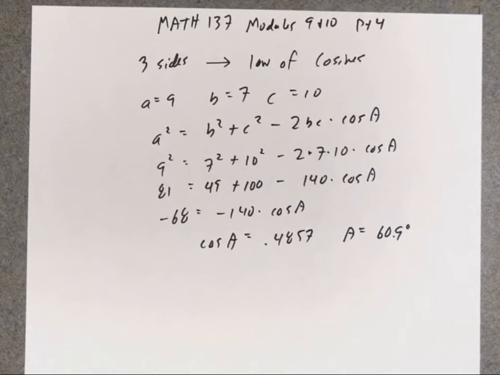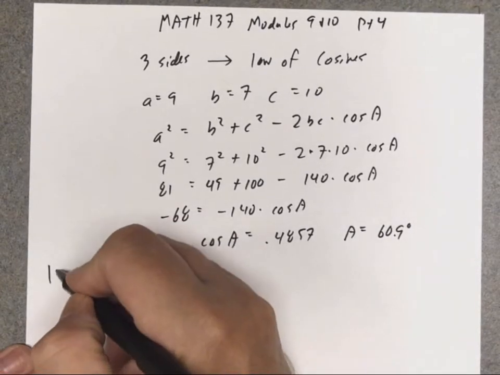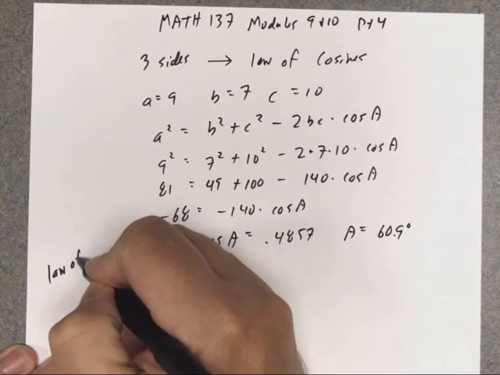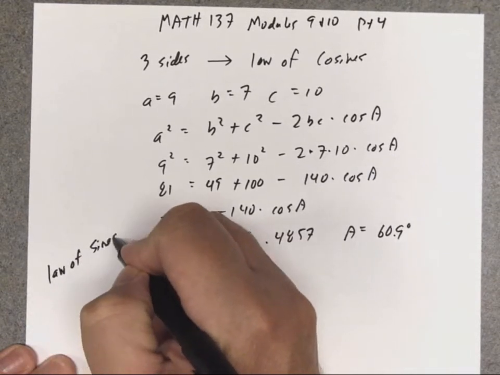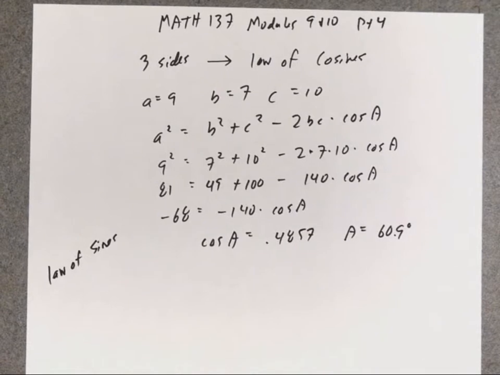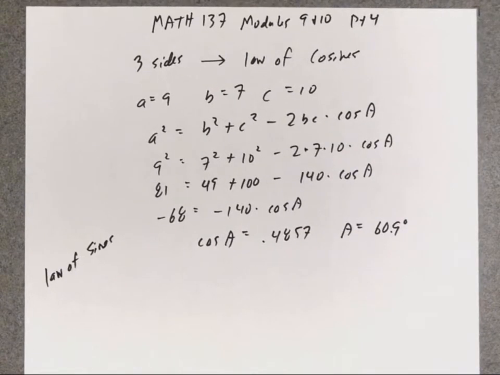Now if you wanted to, you have a choice again here. You can keep using law of cosines to figure out angle B or angle C. And maybe we'll do that, but just to talk about it, you could use law of sines, but just as a teaching point, if you decide to jump back to law of sines, which angle is the correct one to calculate next?